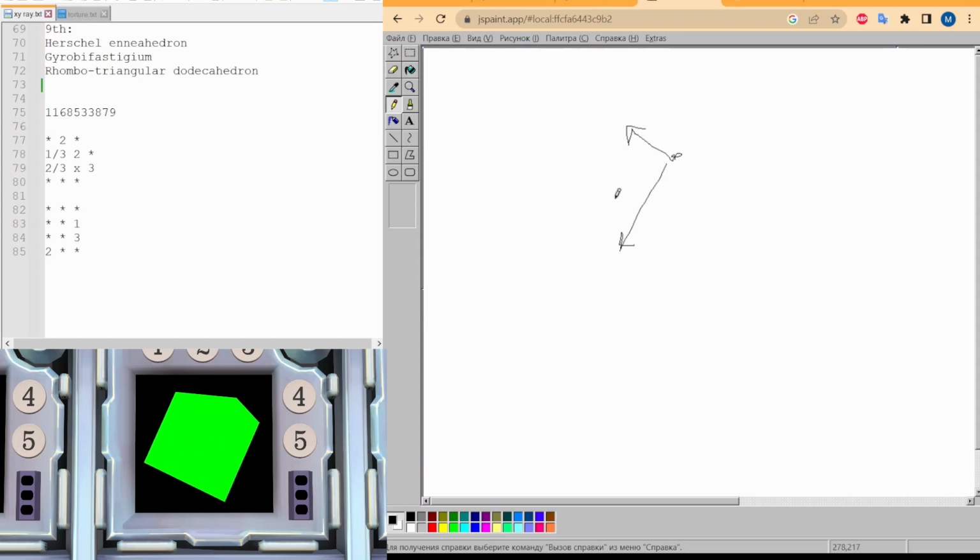One, two. Then this one went here. This one went here. One, two, three, four. And it went somewhere here, it went here, and they met, which is a pentagon.